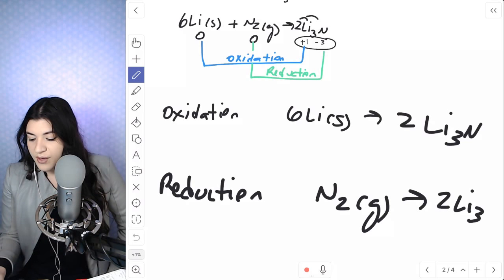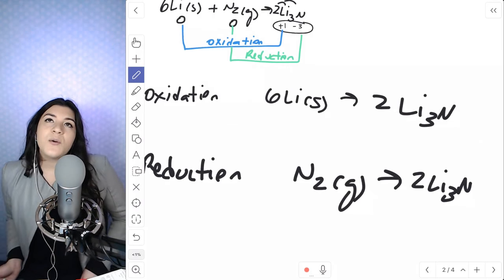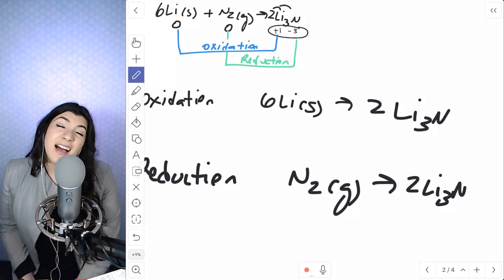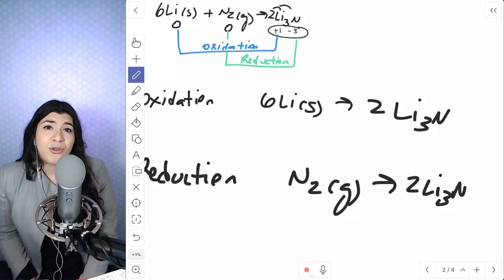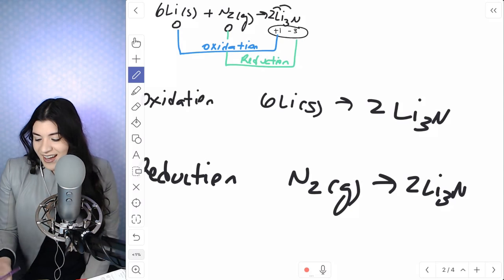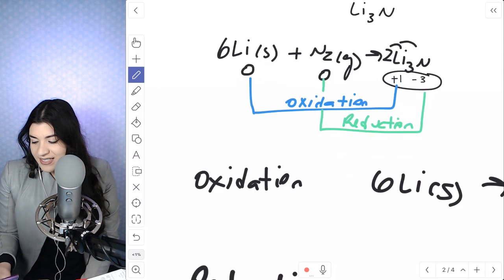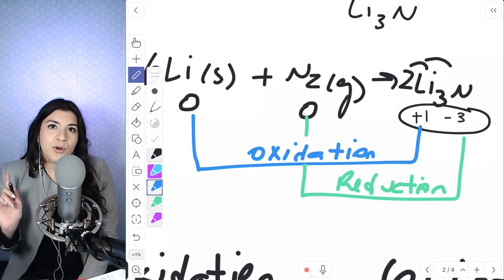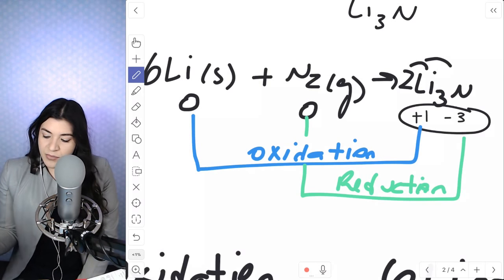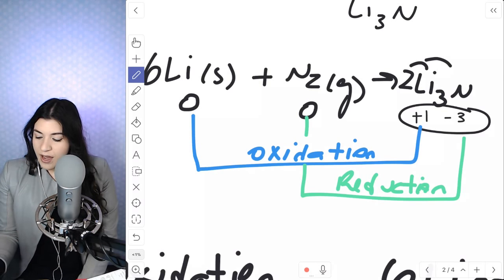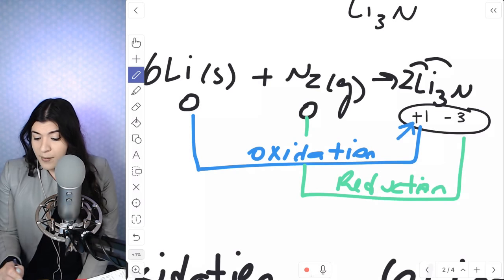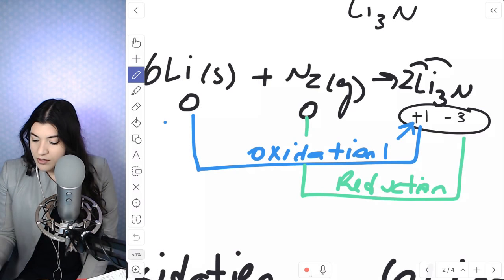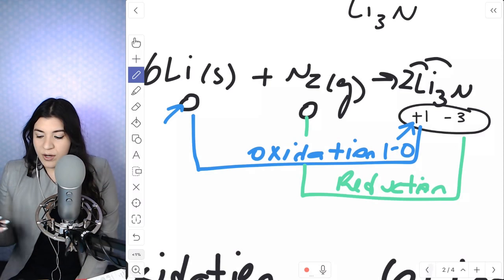So that's not changing. Now, the next thing that I want you to focus on is how many electrons are being gained or lost. So I'm going to go back to this equation and look at the products, how many electrons there were in the products minus the reactants. So for lithium, we have 1 on our product side minus that 0. So only 1 electron was lost in this case.